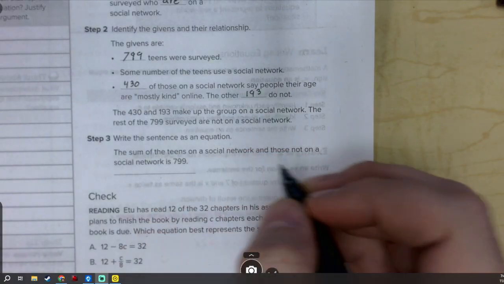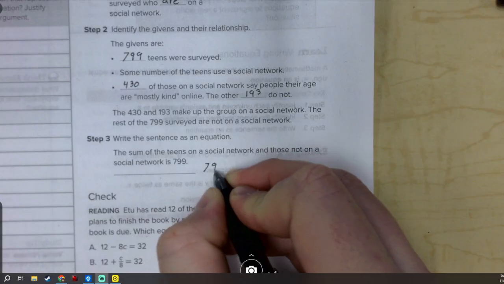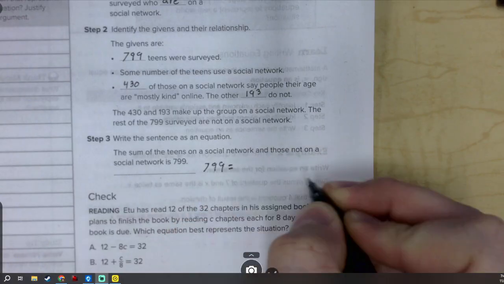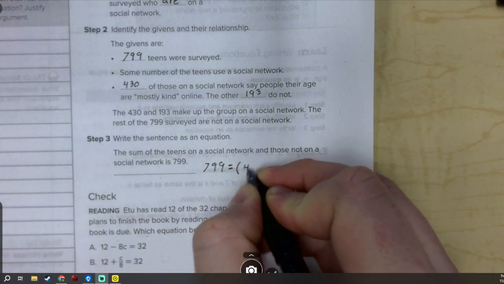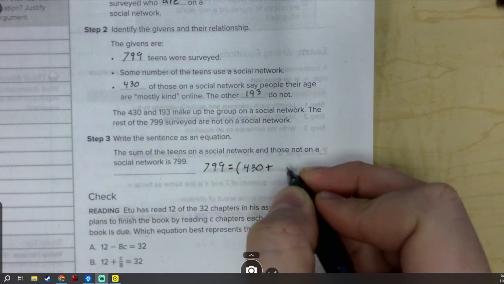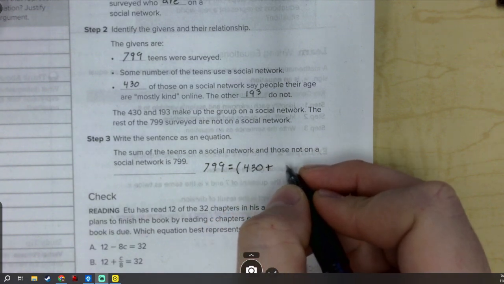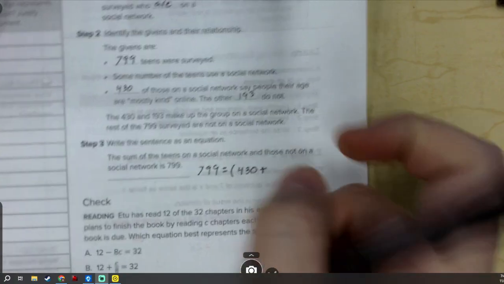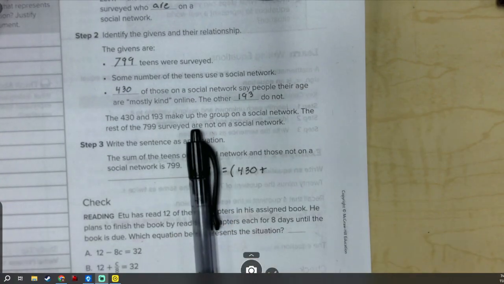So they wrote us the sentence, the sum. So we know 799 is our total, and that's going to equal 430 plus, one second, sorry about that, welcome back.